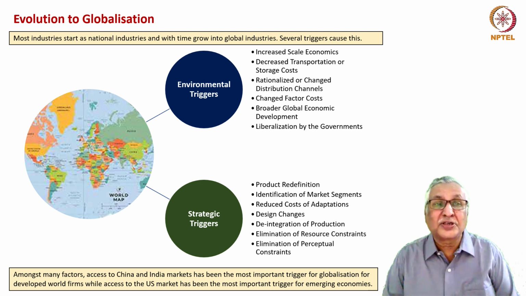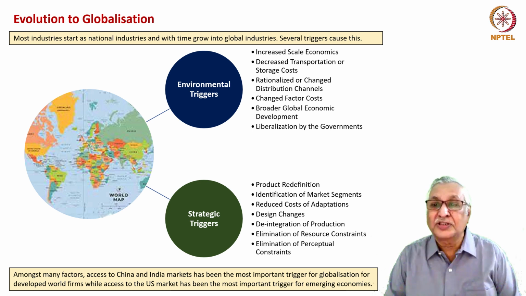There are two types of triggers which cause globalization: environmental triggers and strategic triggers. Environmental triggers are increased scale economies, decreased transportation or storage costs, rationalized or changed distribution channels, changed factor costs, broader global economic development, and liberalization by the governments.